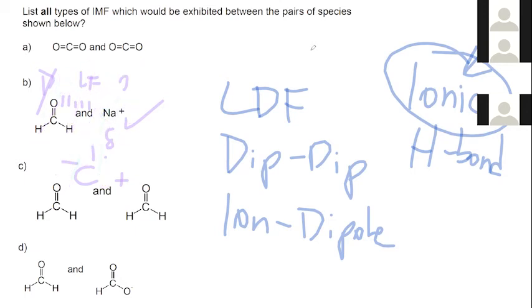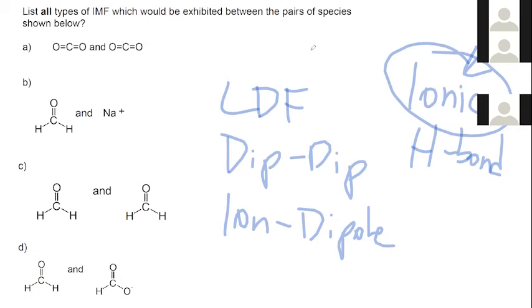Now I've got two molecules that are the same. What sort of interaction could they do between them? Those are aldehydes. We'll learn about those. That's formaldehyde. We'll learn about that in the next chapter. It's quite a reactive molecule. So those are dipole-dipole, right?